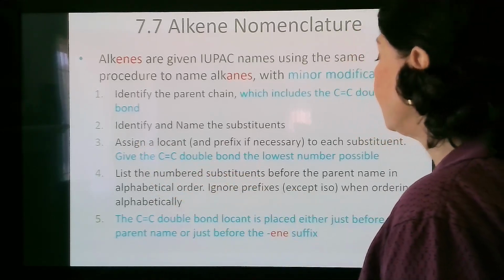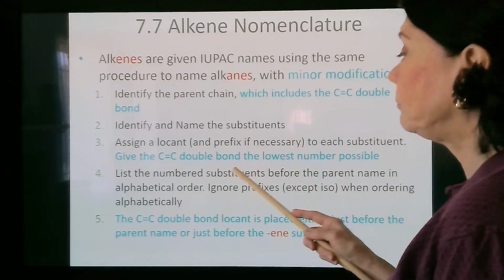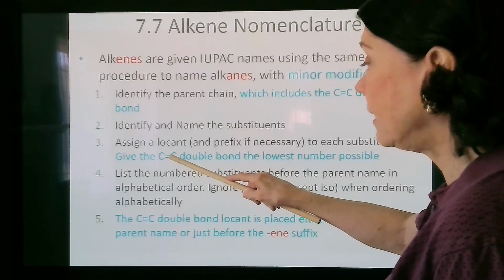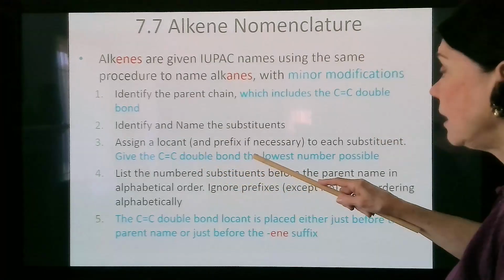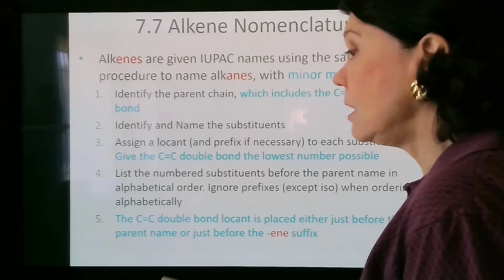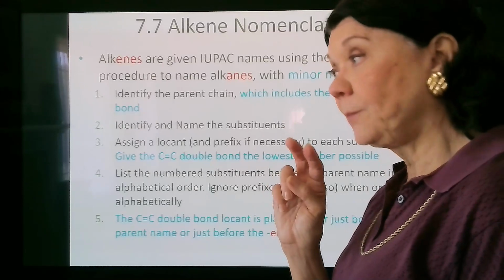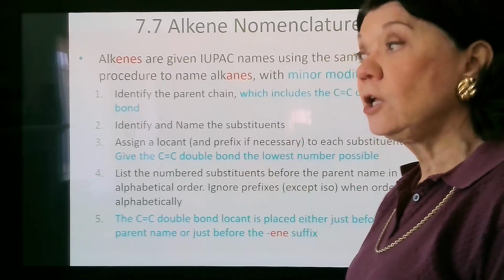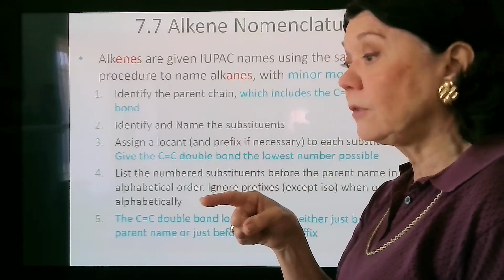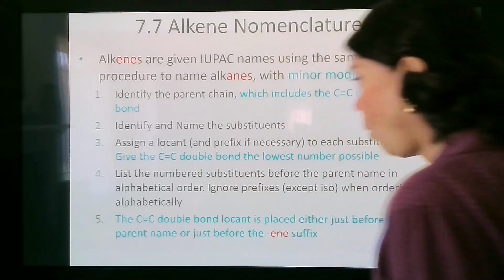Then you have to assign a locant and prefix, if needed, to each substituent, and you have to number that parent chain in a manner such that the double bond has the lowest number possible. So, of course, here the double bond is going to consist of 2 carbons. You will only specify one of those carbons because you know that the other carbon is going to be next door.